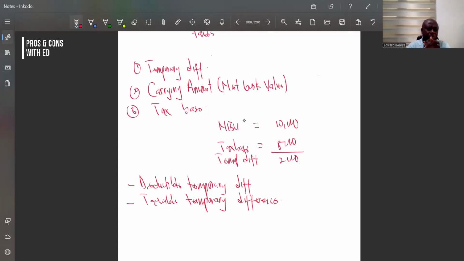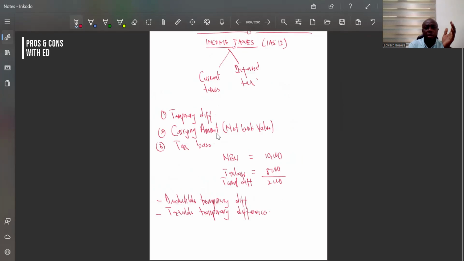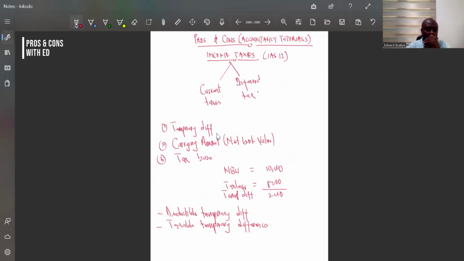So let's explain. How do we get deductible temporary difference? And how then do we also get taxable temporary difference?